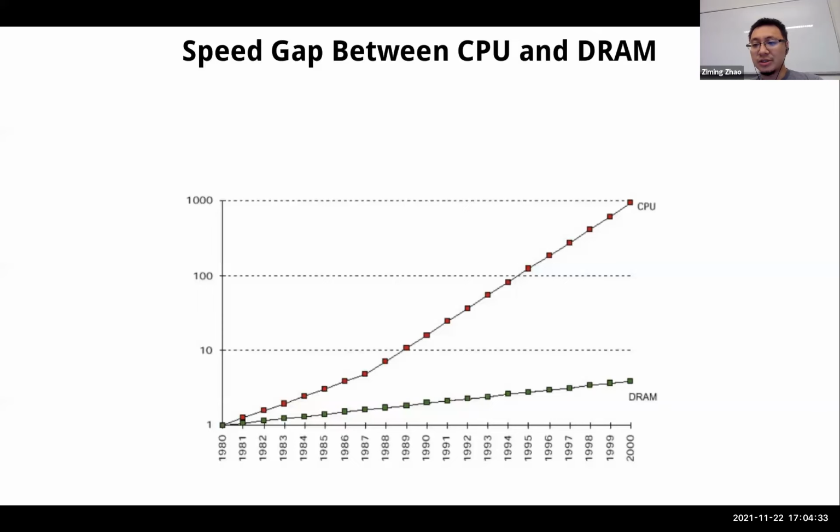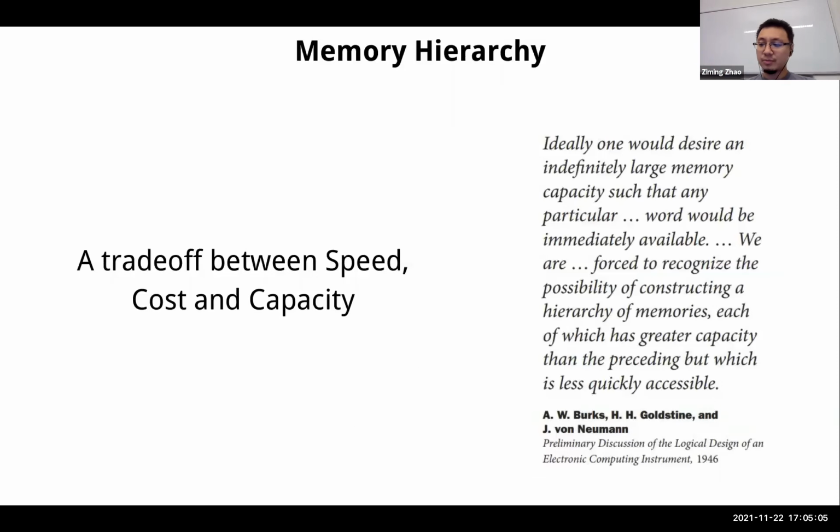Fast storage systems usually are very expensive, like the SRAM inside of the CPU, and also small, because, like I said, an SRAM cell is like 6 transistors, so it takes much bigger space than one DRAM cell. Large storage systems are usually very affordable but very slow. DRAM, obviously, in the hierarchy is still considered a very fast one. We have hard disk, we have even optical storage, those are even slower.